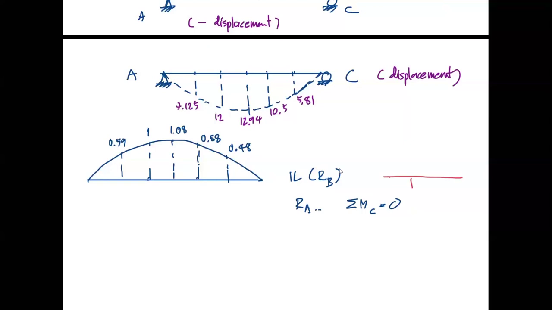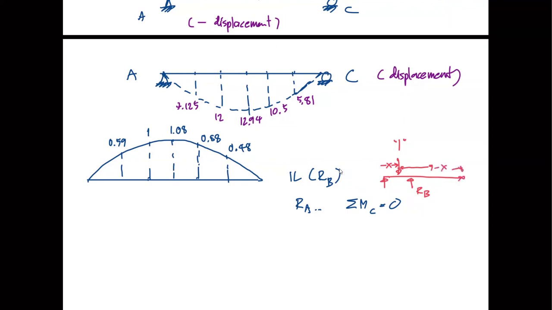Remember that you know all RBs, right? Now you want RA, and you have the unit load at the location X. The total length of the beam from A to C is 9, so this is 9 minus X, right?